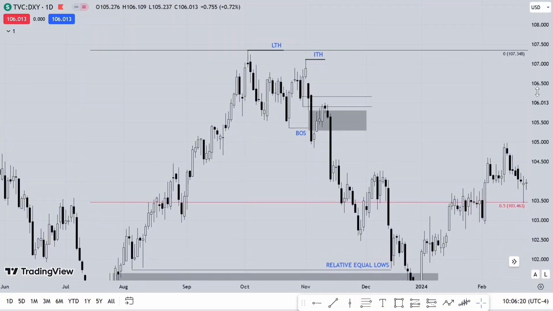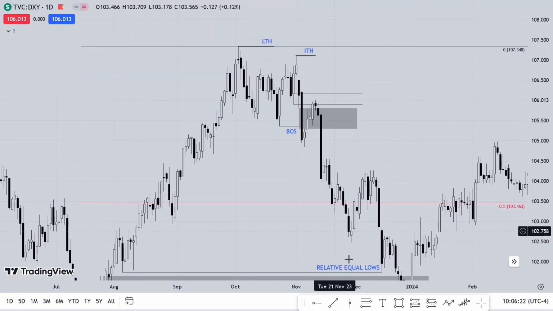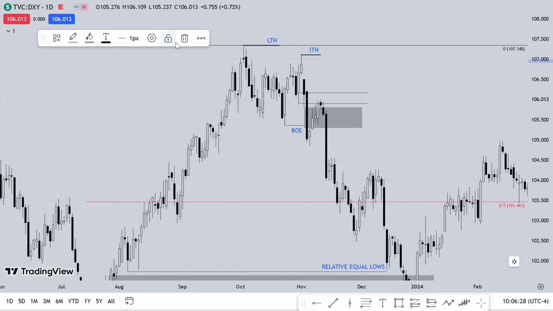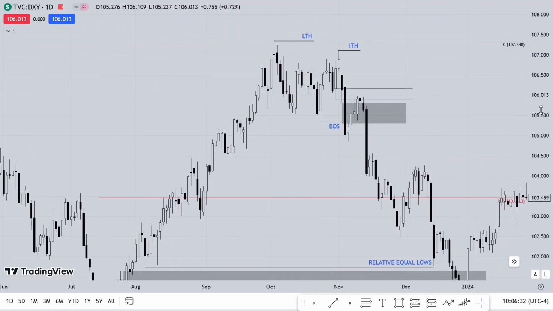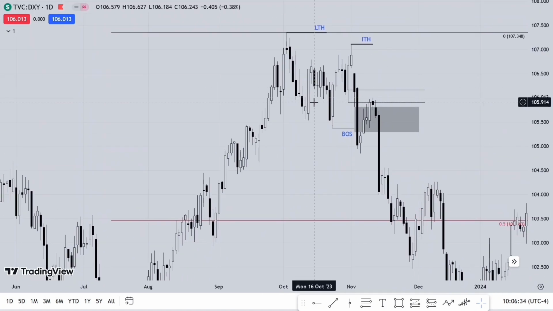As you can see, another reason this is an intermediate term high: there's a form of liquidity, a form of imbalance here, when price broke out that low.